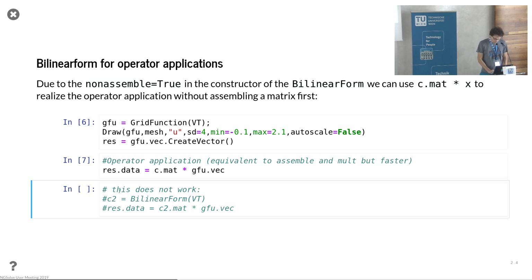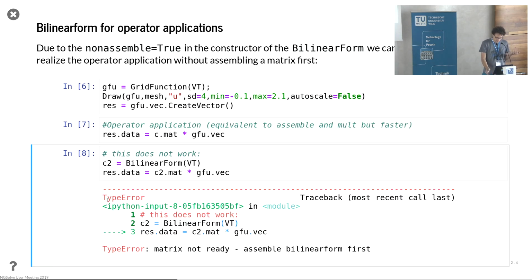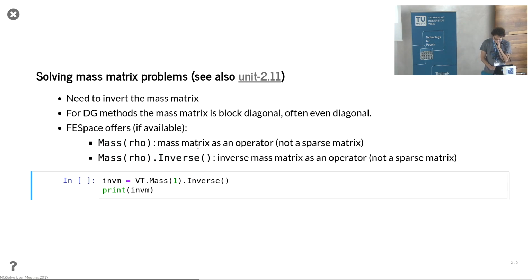What would not work is if we just do this without having this non-assemble flag. If you just define a bilinear form, then it would ask for this matrix to be assembled. So it's expecting a sparse matrix. There is no sparse matrix. So if you say, okay, I don't want to have a sparse matrix, I just want to have the application, then you need this non-assemble flag.